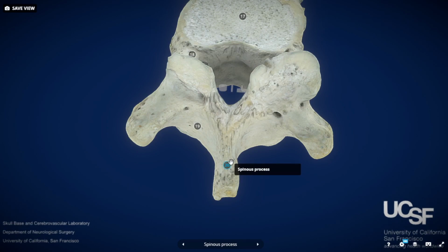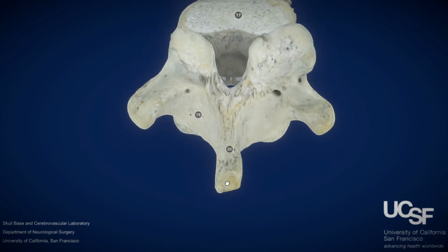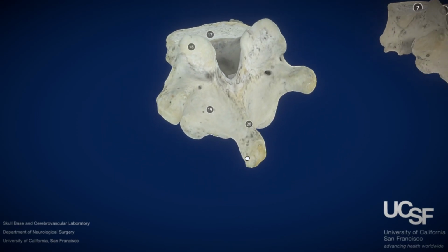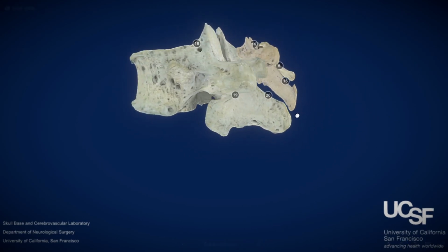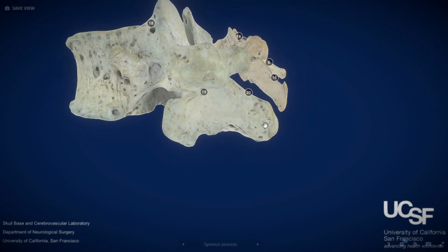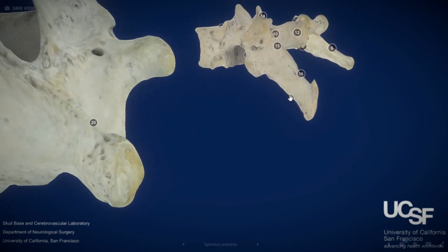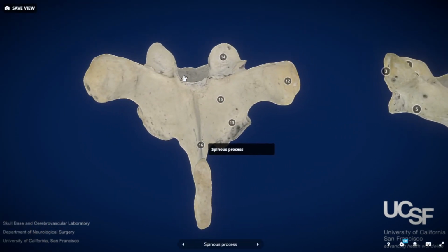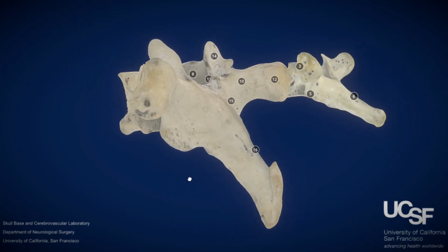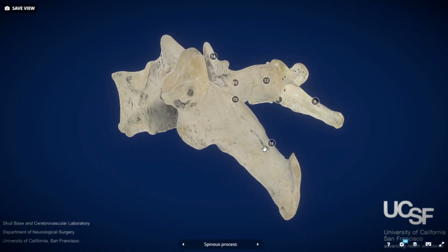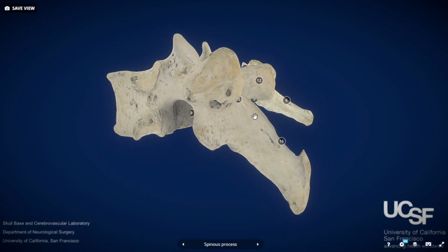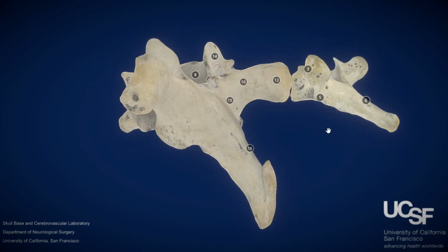At an inferior level, we see that the spinous process gets shorter and has a slight posterior or horizontal projection, whereas in this typical spinous process of the thoracic region, we see that it has a long projection and runs in a more vertical fashion.